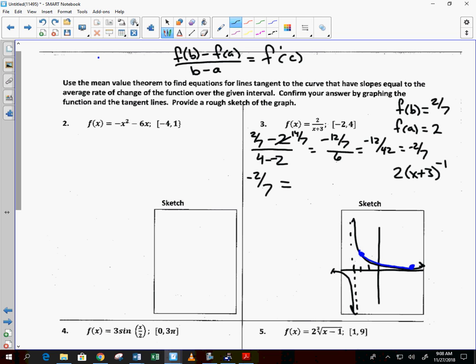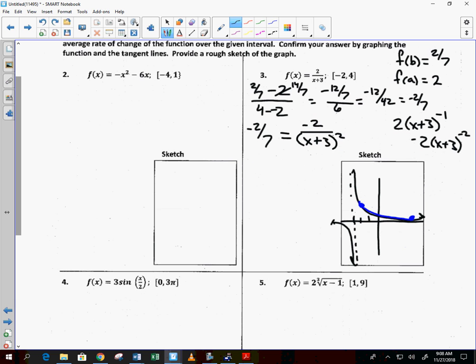The derivative of the outside, negative 2 times x plus 3 raised to the negative 2 power, or negative 2 over x plus 3 quantity squared. Good with that? Okay.